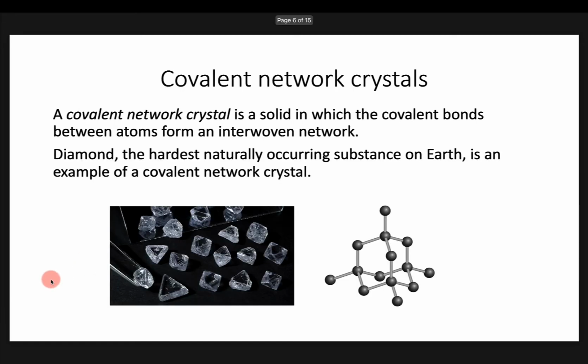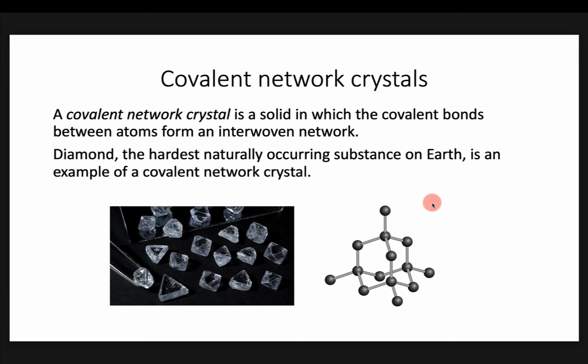But things are different in our covalent network crystal. In our covalent network crystal, you can see that all of the atoms are bonded to each other. And so they're all interwoven into this network crystal. And the covalent network crystal shown on this slide is diamond.